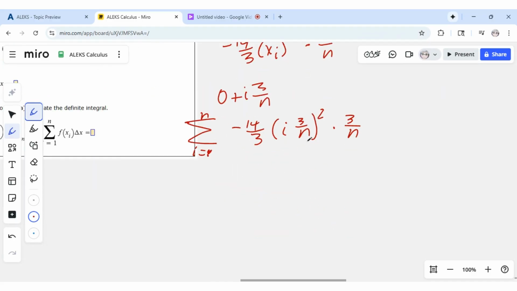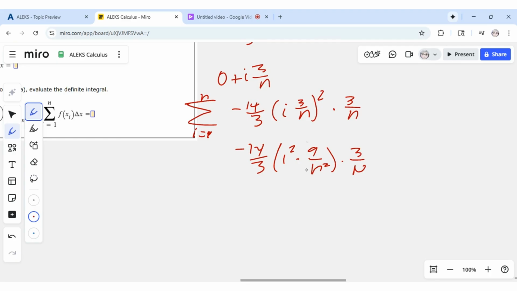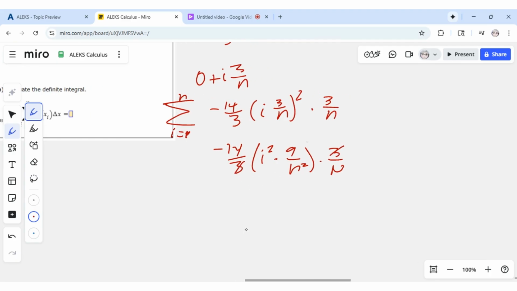So let's try to isolate i here. Let's see. Well, we're going to square what's inside first. So that is i squared and 9 over n squared. And then out here we've got 3 over n. And all of this stuff is multiplied together. So we can, well, this will cancel. Make sure that's an i, not a 1. And then we've got negative 14 times 9, that's negative 126.